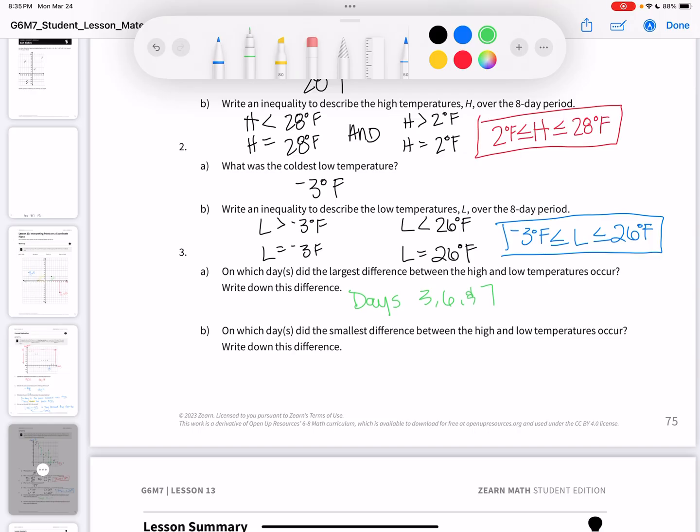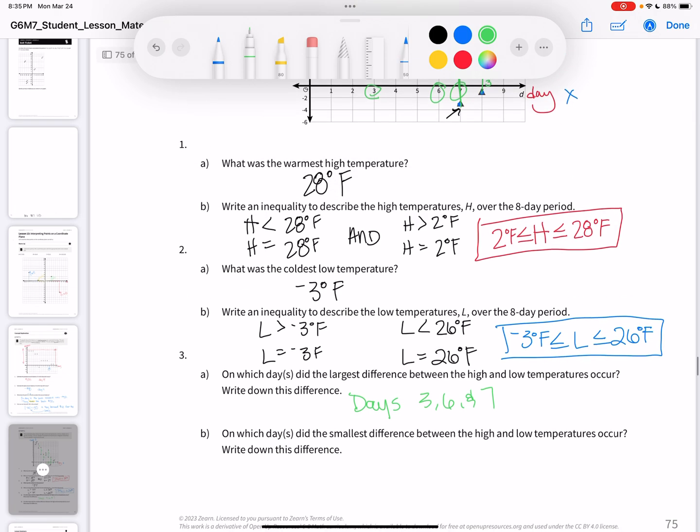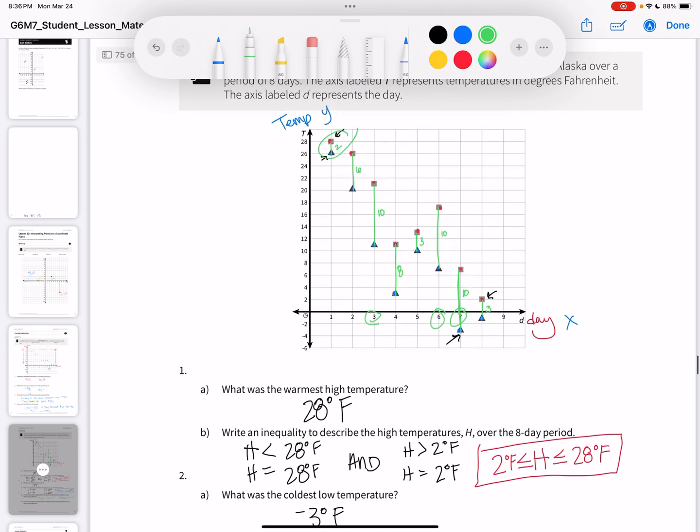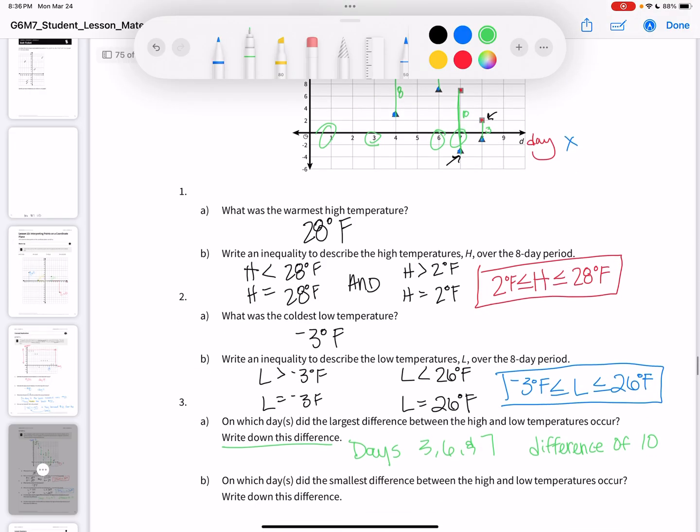On which days did the smallest difference between the high and low temperature occur? Write down the difference. Oh, I forgot to do that here. Day 3, it was a difference of 10. The smallest difference would be right here at 2, which would be day 1.